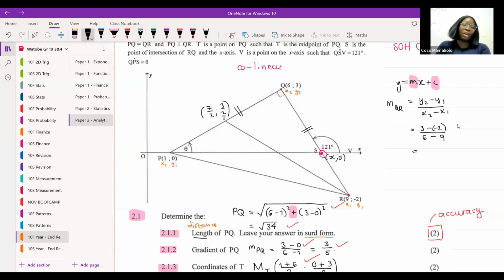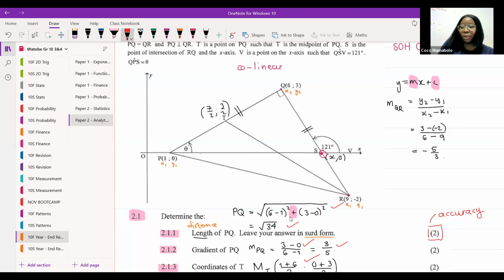Then you can give me an answer for this: 3 minus negative 2 over 6 minus 9. We're going to get negative 5/3. We're not going to make it a decimal, negative 1.6666. No, we're going to leave it as a fraction, negative 5/3. All right, good. We've done the gradient part.